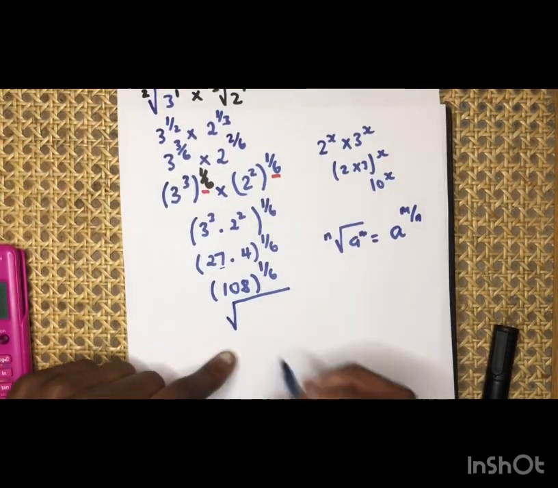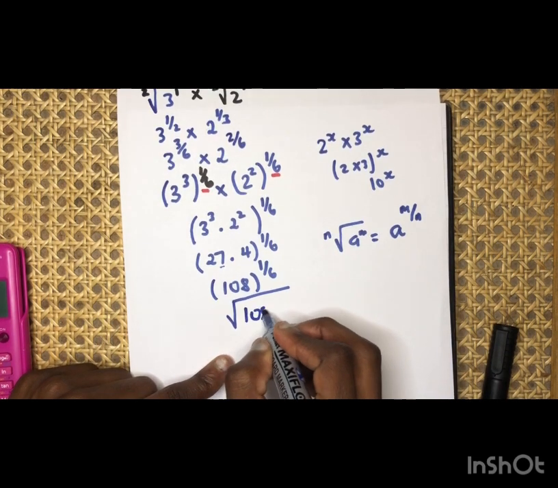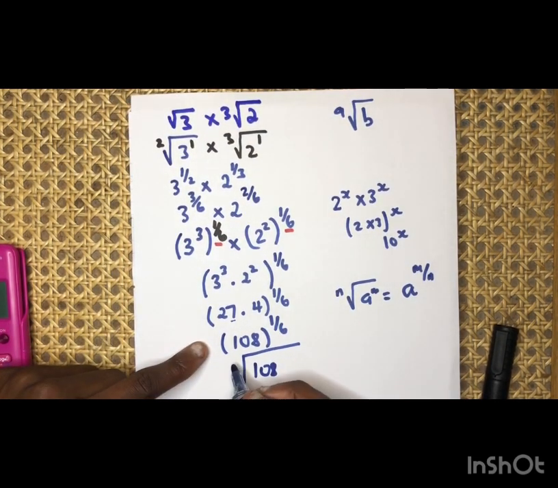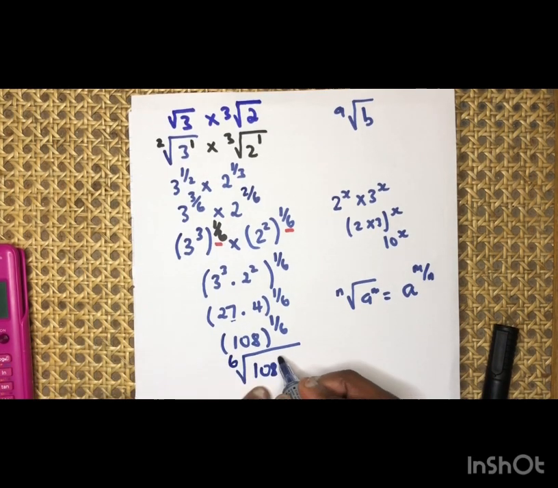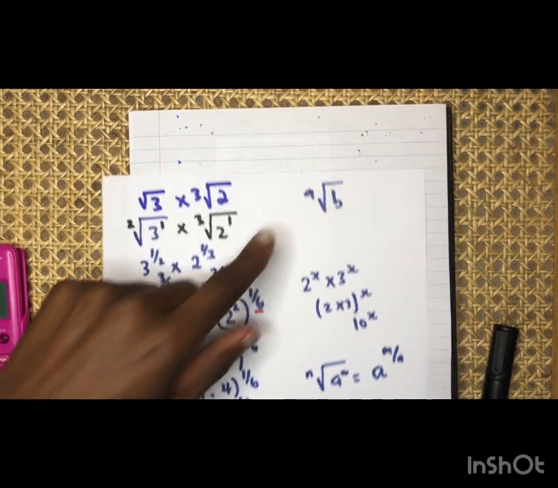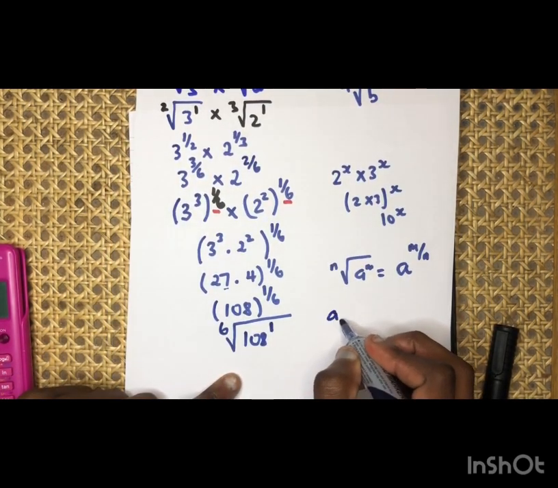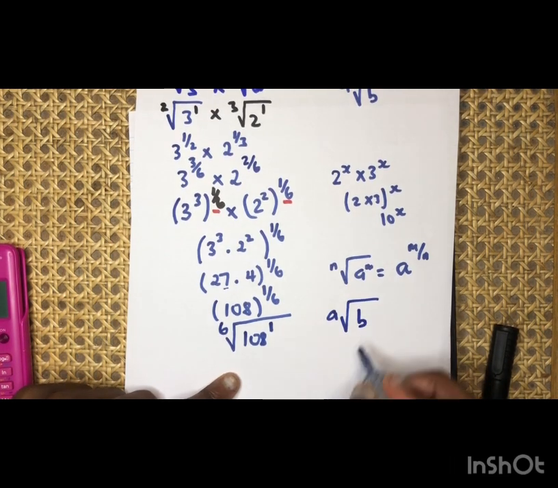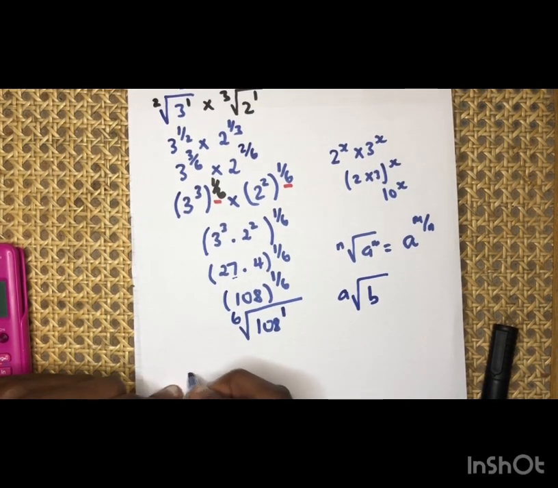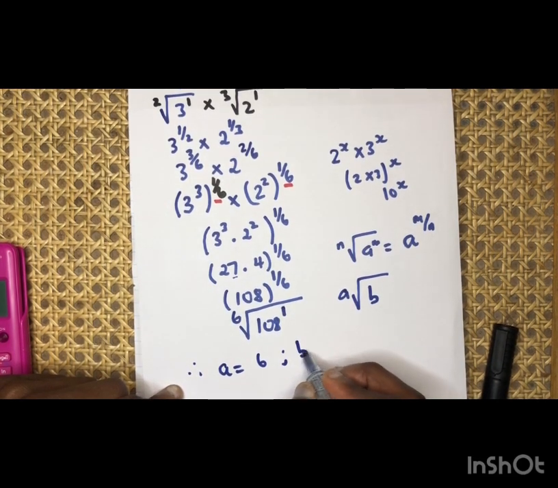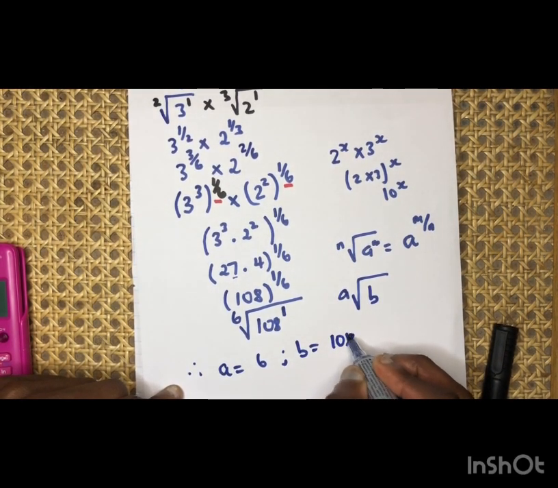So I'm going to say this is 108. Then remember, this one was your root here. I have 6 outside, then I have 1 inside. So in this case now, we know that your a will be 6 because they say write this in this form. So now we can conclude that your a here will be 6 and your b will be 108.